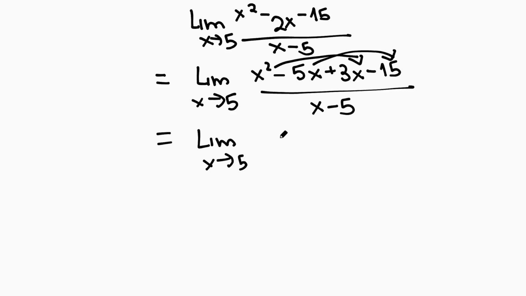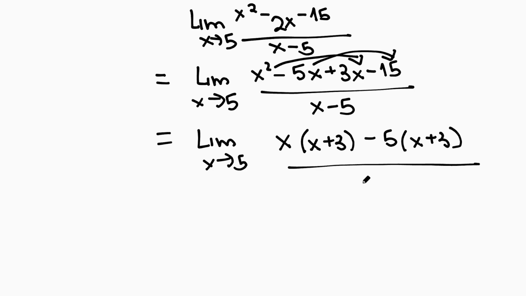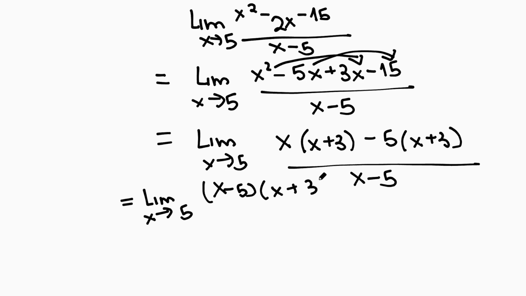What I have will be x times x plus 3 minus 5 times x plus 3 over x minus 5. It is going to be equal to x minus 5 times x plus 3 over x minus 5.